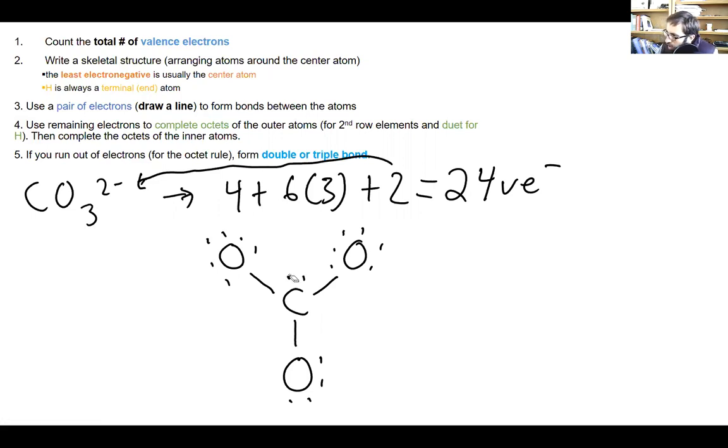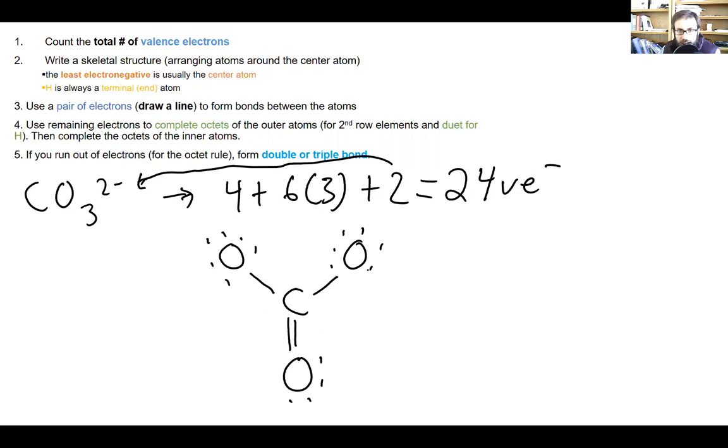I'm going to erase the carbon's lone pair and make a double bond there. Now let's count. The carbon still has 8, and oxygen has 2, 4, 6, 8. These oxygens we didn't touch, so everything's good. That's the correct Lewis structure.